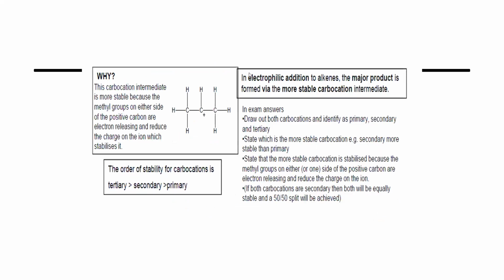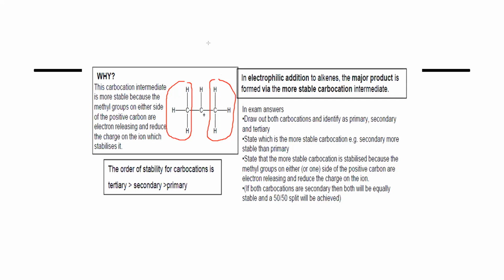Then if the question is why the carbon cation which is surrounded by more alkyl groups is more stable, what is the reason for that?